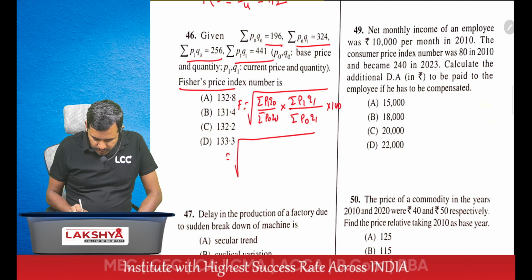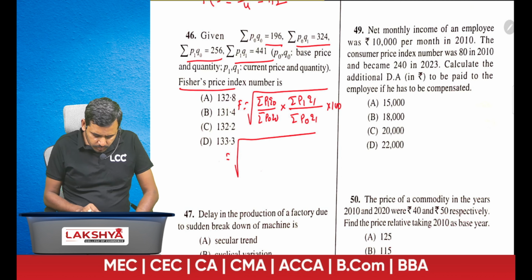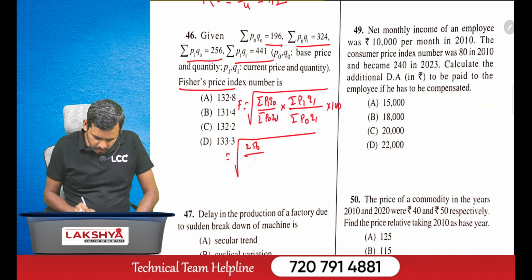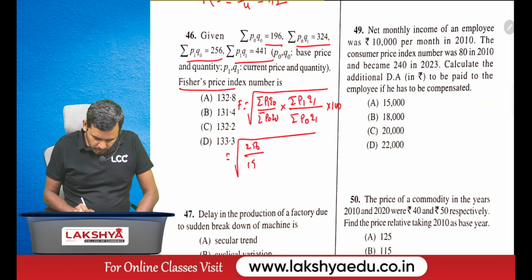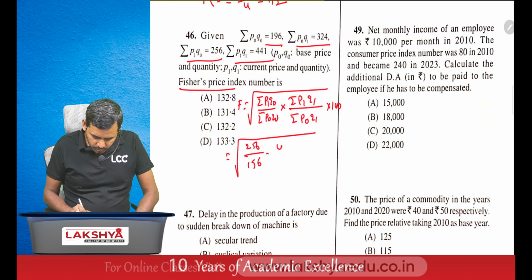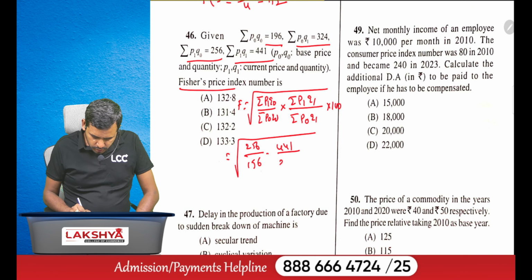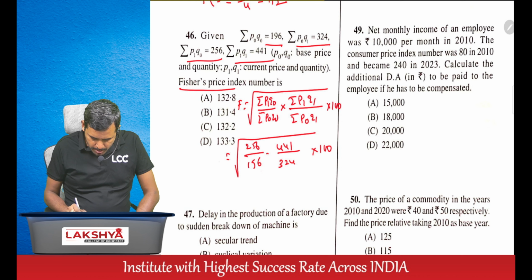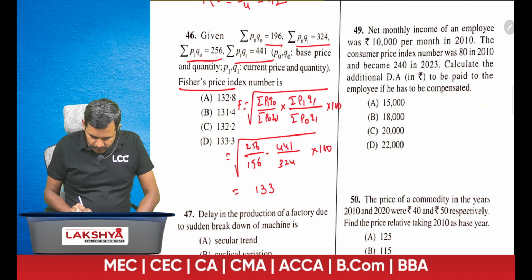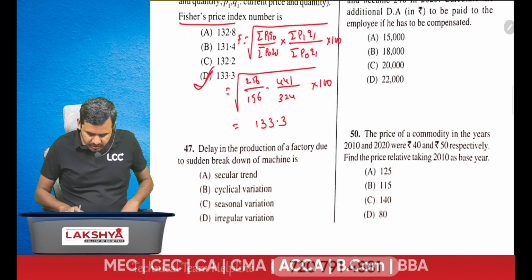Substituting this information, 256 by 196 into 441 by 324 into 100. While simplifying this, we will get 133.3, hence the right answer is D.